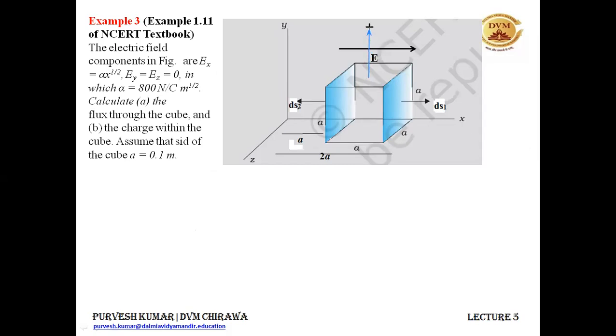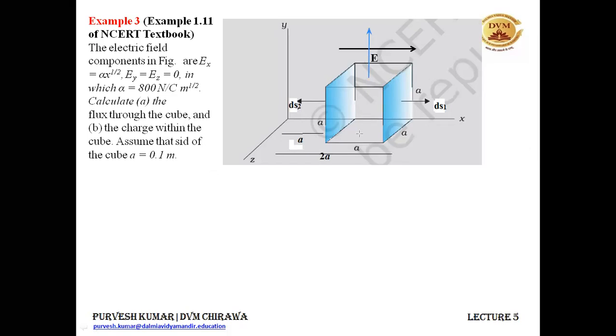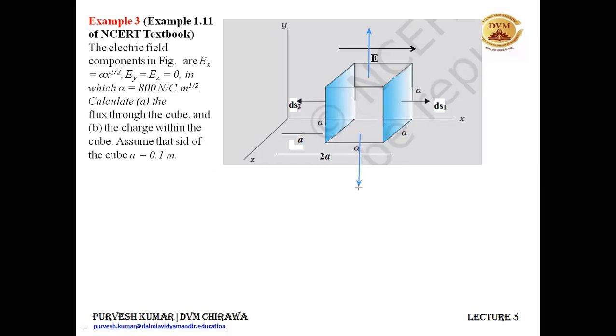All right. This is ds3. One from the bottom surface, that is ds4, and one coming outward. I can't draw it because it's in 3D. So one is coming outward towards the plus z-axis, and one is going backward, that is towards the minus z-axis. There are 6 area vectors.